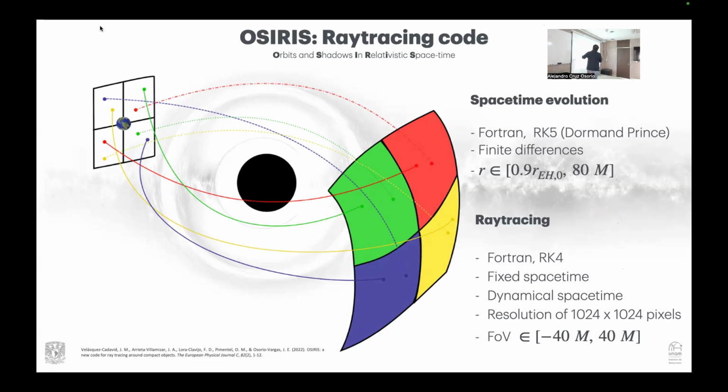Then what we are usually doing in the EHT or in our project is that we have a fixed space-time. This is the difference from our previous work, okay? So we solve the ray tracing or the geodesic equation in a fixed background, okay? The space-time is not changing. It's basically fixed.